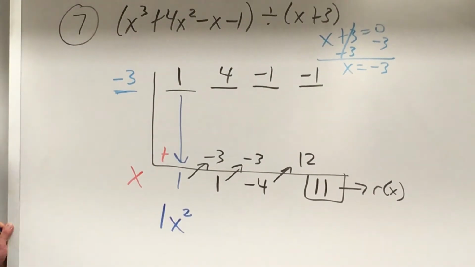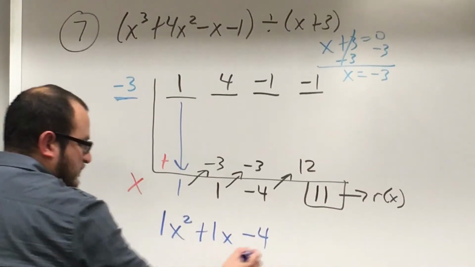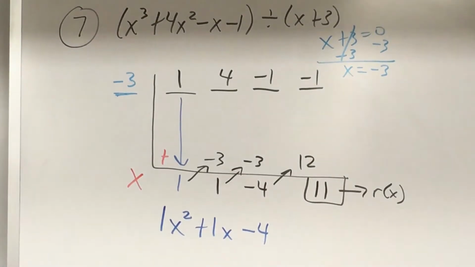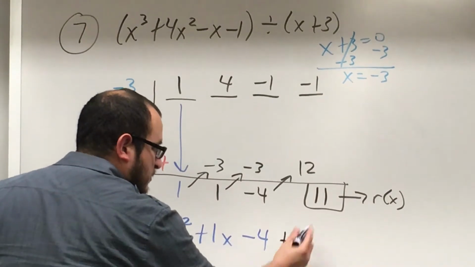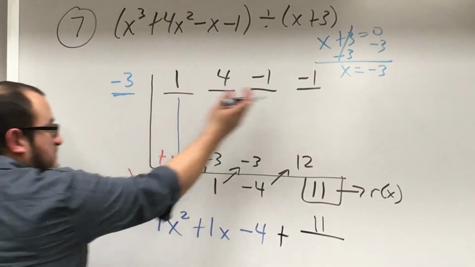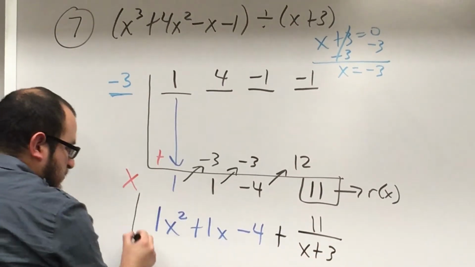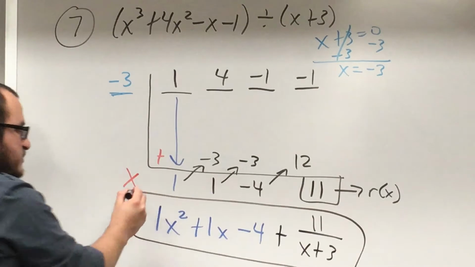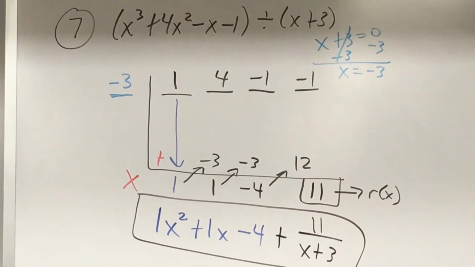And then you go from there. Next one's going to be plus 1x, then it's going to be minus 4. Plus your remainder, which is 11, over your divisor, which is x plus 3. And this right here is your answer for synthetic substitution or synthetic division.